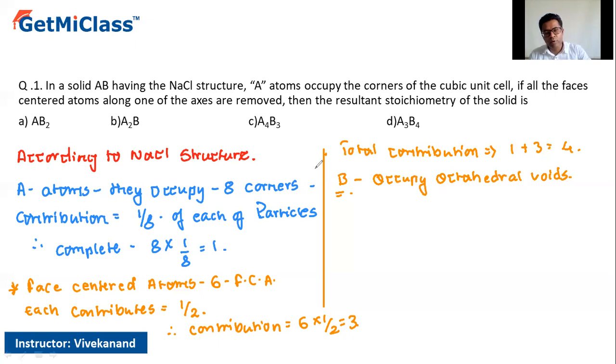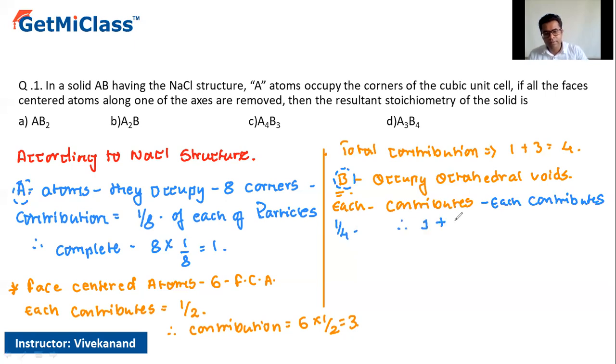Each of them is going to contribute 1/4. So what we have is 1 plus 1/4 into 12, and that is going to be 4.